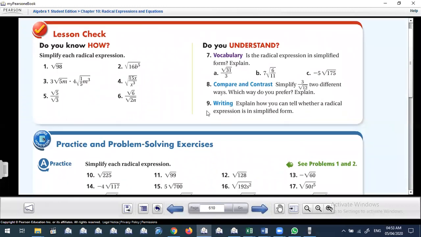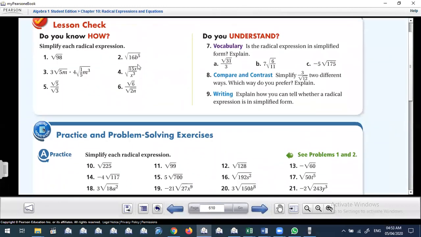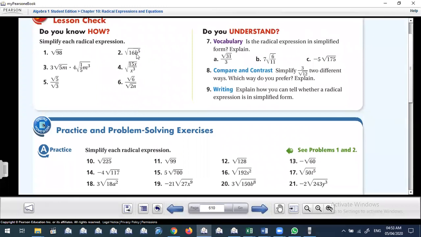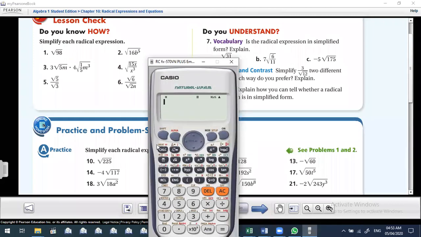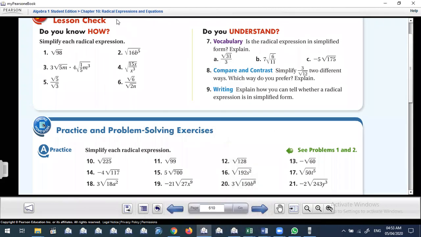Like this exercise. Square root 16 b power 5. Let's find the whole number first, which is square root 16, by using the calculator. Square root 16 will be 4. So the answer for the number is 4. What about the letter?